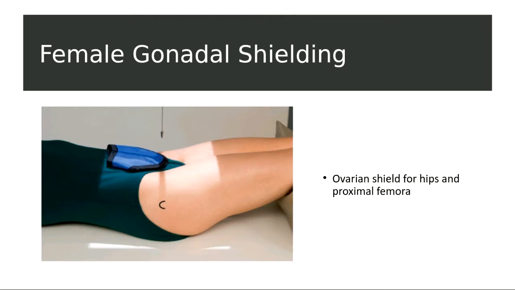Sometimes we'll lay the shield, like if we're doing right hip, you can lay the shield so that it covers some of the left side, but you want to be careful that you're not obscuring anatomy, because having to repeat because you got the shield in the way is probably more significant than not shielding the first time and not obscuring anatomy. Okay, so typically we do not use the shield on females when the central ray area of interest is up here. All right. And again, that can be found on page 273.